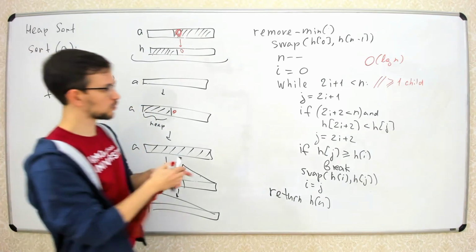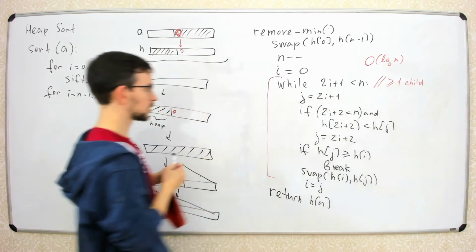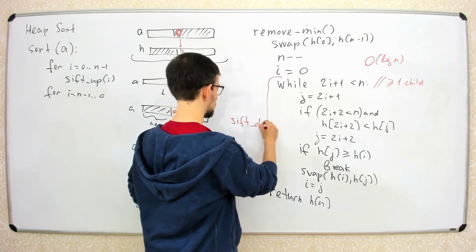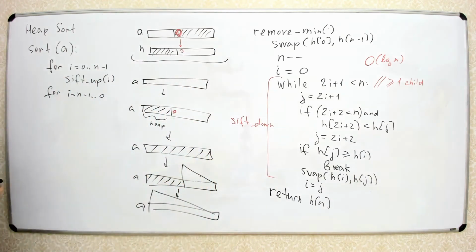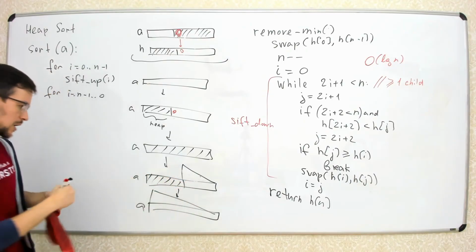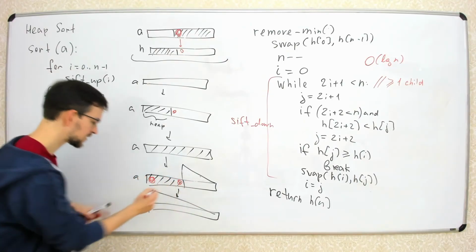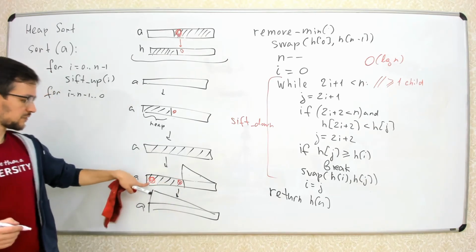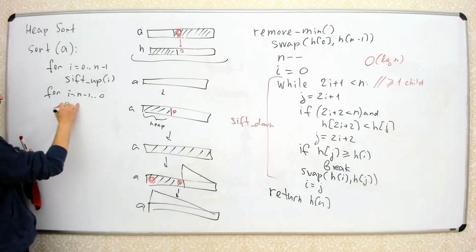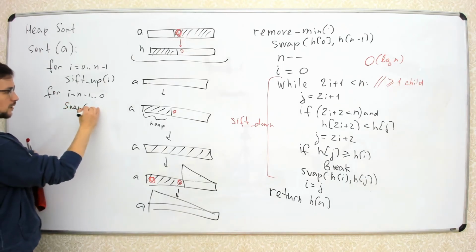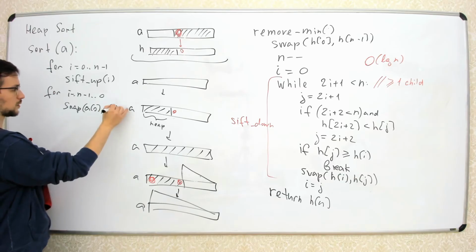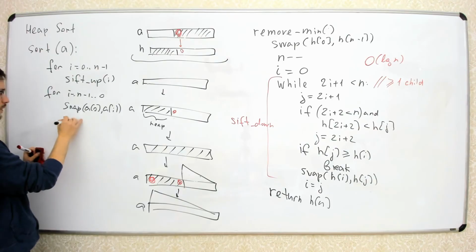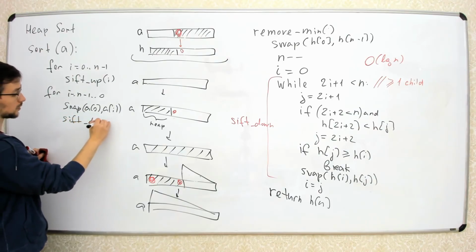I want to use only this part, the sift down procedure. So I'll just swap this element with the last element. So I take this element, swap it with this element. This is the minimal element. I swap them, and then sift down this element.